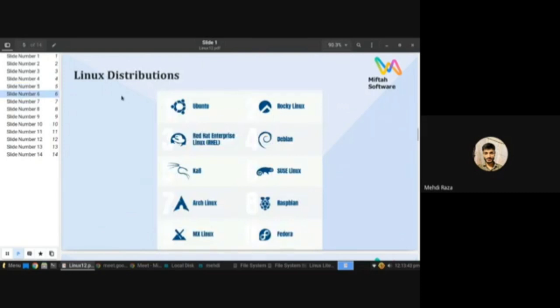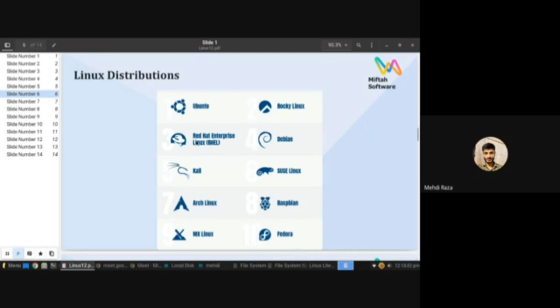Now we are coming to the next topic, the Linux distributions. First, we have the main distributions of Linux. We have the Ubuntu operating system, Red Hat, Debian.